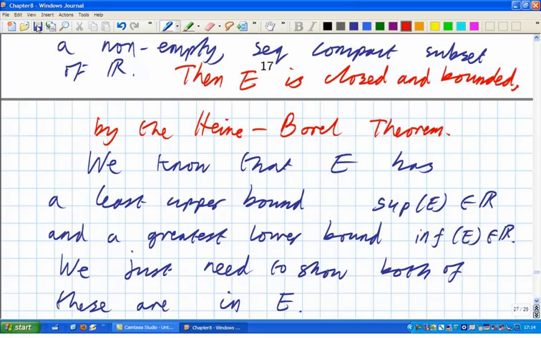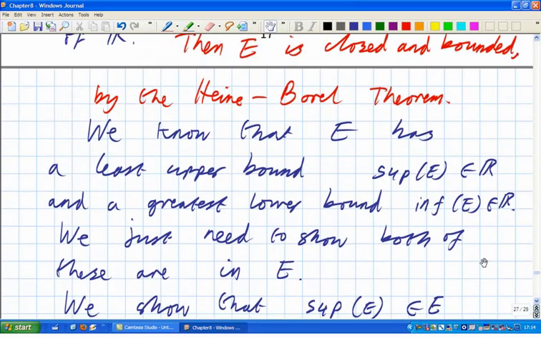Okay, now I'll put that back in. Let's get back down and carry on. And we're showing that the supremum is in because the proof for the infimum is similar.